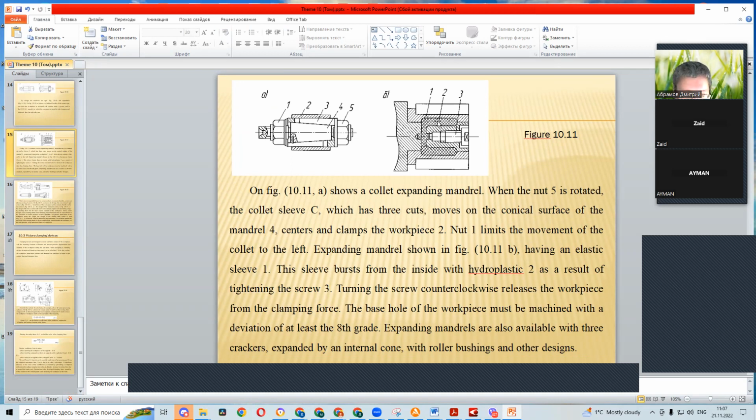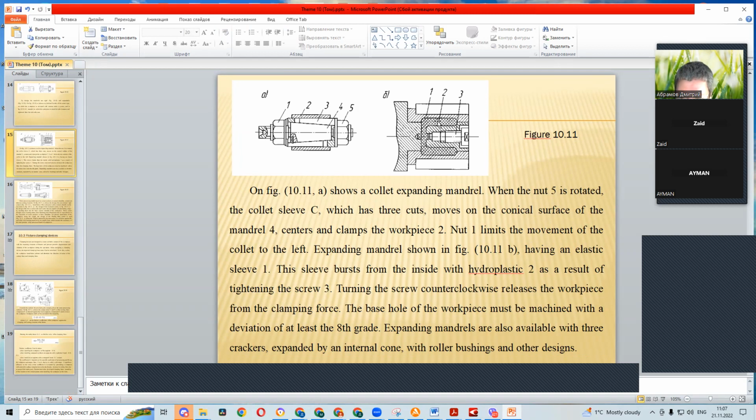As a result of tightening the screw 3. Turning the screw counterclockwise releases the workpiece from the clamping force. The base hole of the workpiece must be machined with a deviation of at least the 8th grade, IT grade.